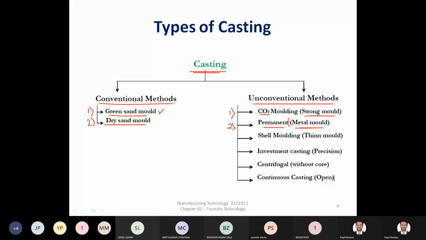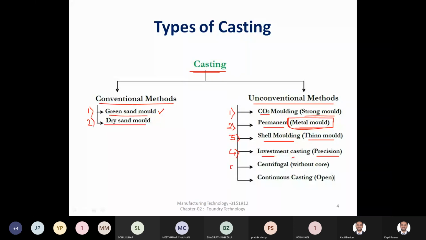That's why it is also recognized as the metal process. The third one is shell molding, which we have already discussed in the previous lecture, also known as thin mold. The fourth one among these categories is investment casting, also known as precision casting.